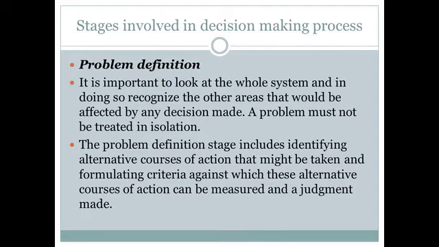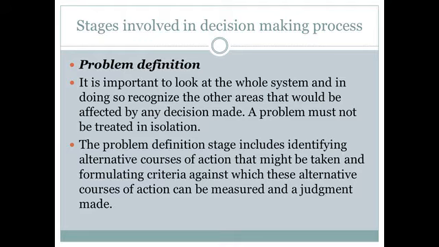Now come the stages involved in the decision making process. This is almost the same as what we discussed in the diagram on the previous slide. The first stage is problem definition. First of all, we should not treat a problem in isolation. What does it mean?